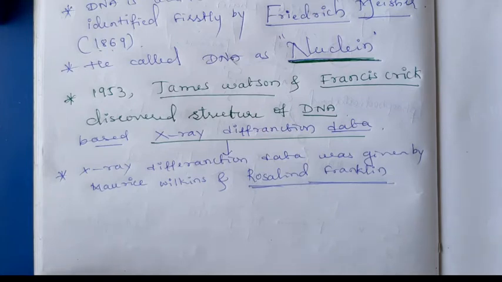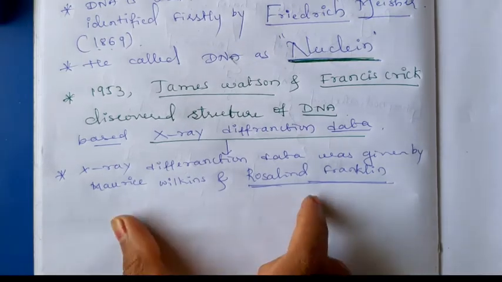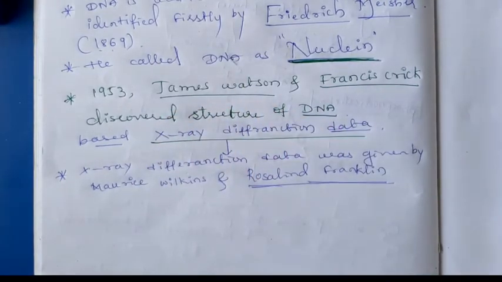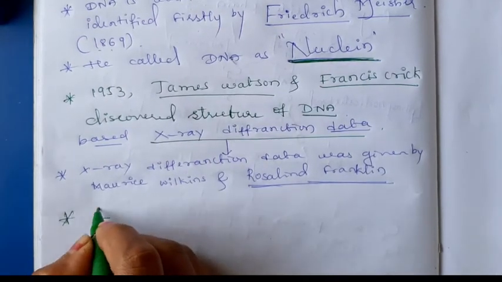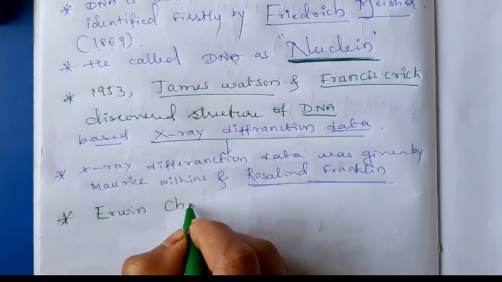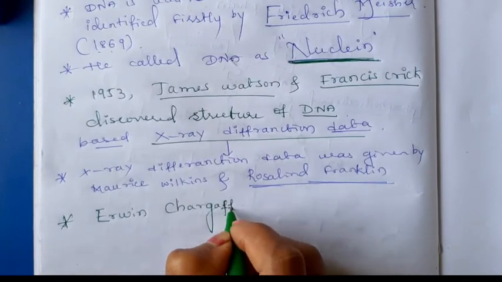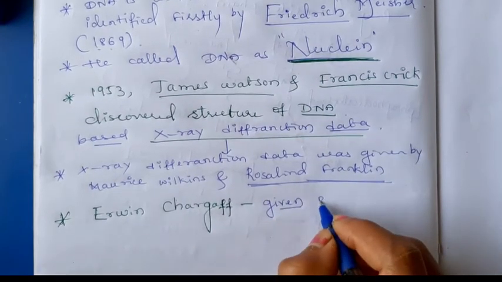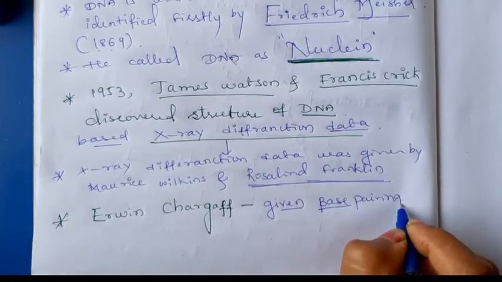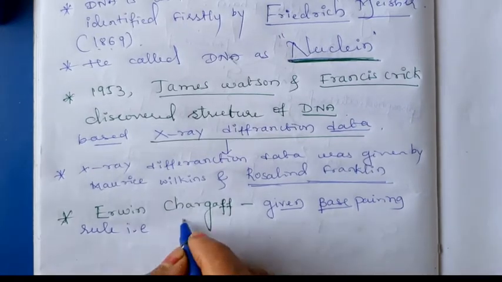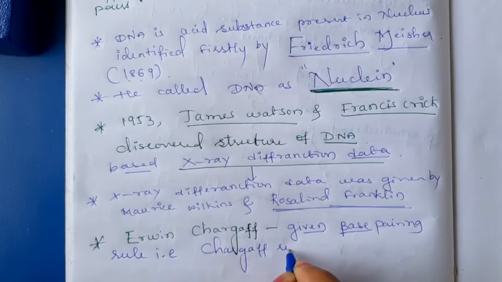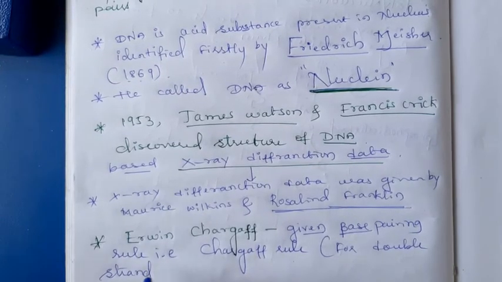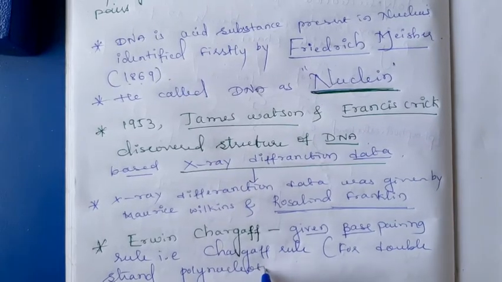Next, based on the observation of the structure of DNA by James Watson and Francis Crick, later another scientist, Erwin Chargaff, gave the base pairing rule, also known as Chargaff's rule, for the double strand polynucleotide chain.